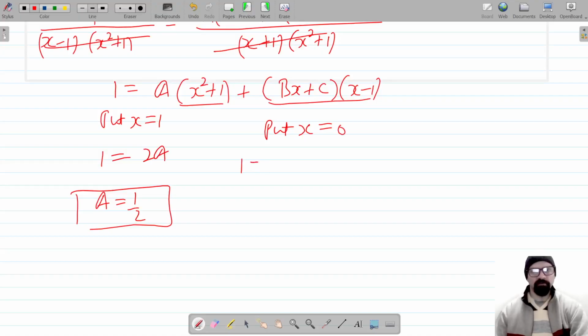Now let me put x equal to 0. If I put x equal to 0, 1 is equal to A times 1, plus B into 0 is 0, so we are left with C times 0 minus 1, which is negative 1.